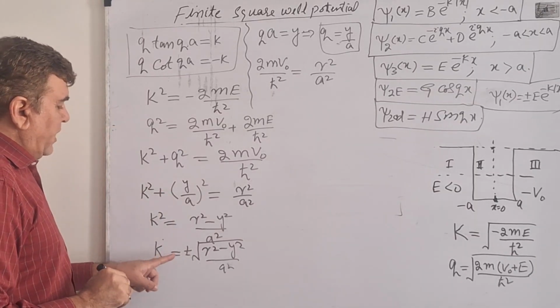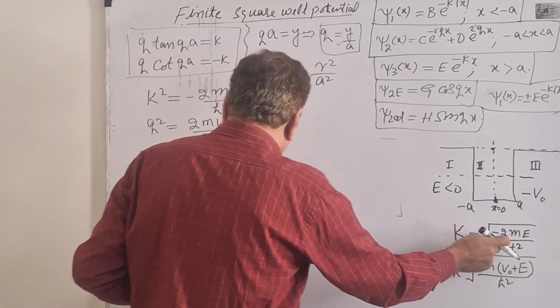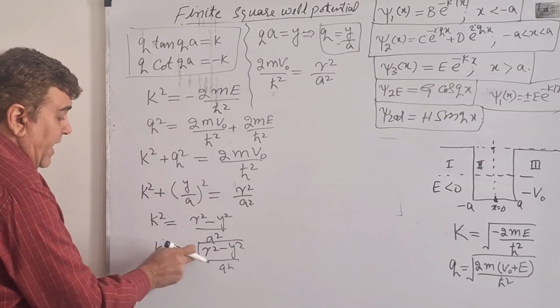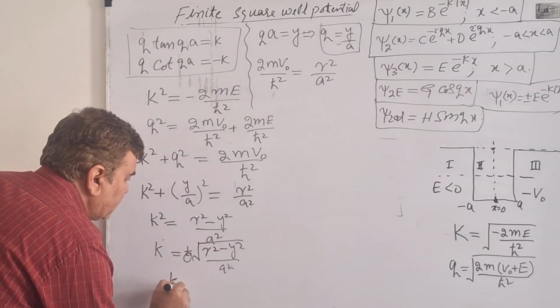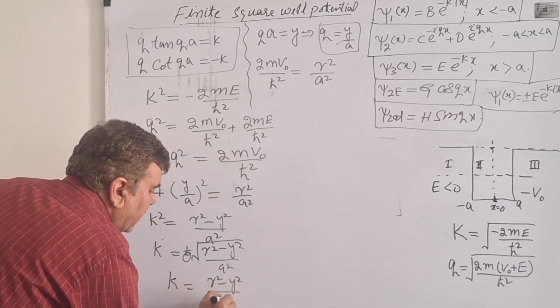Since we have learned that k is always a positive real, we drop the negative value and take k equals the square root of r squared minus y squared, divided by a.